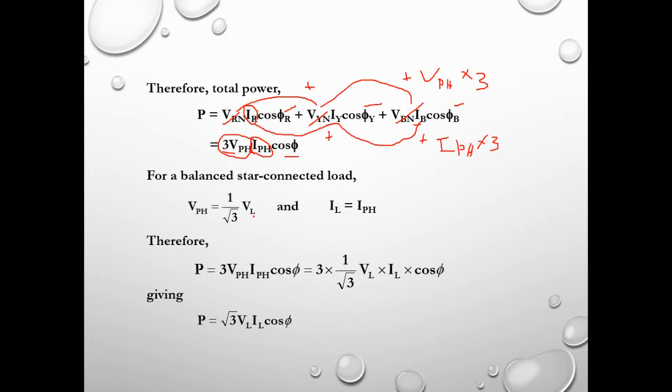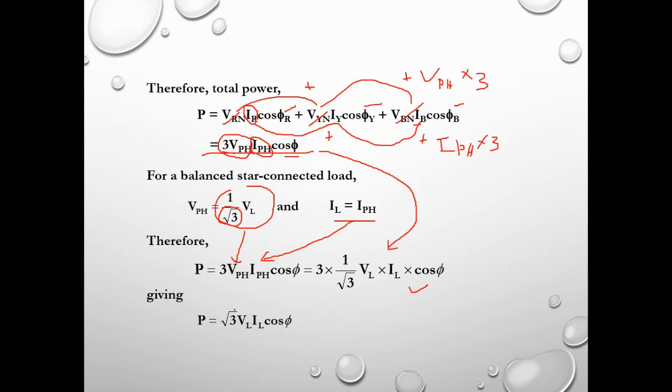For a balanced star-connected load, remember V phase is equal to VL over square root 3, and IL is equal to I phase. Therefore, P is equal to 3 V phase I phase cos theta. We can convert this into a new equation by substituting these values, and we get 3 multiplied by 1 over square root 3 VL IL cos theta.